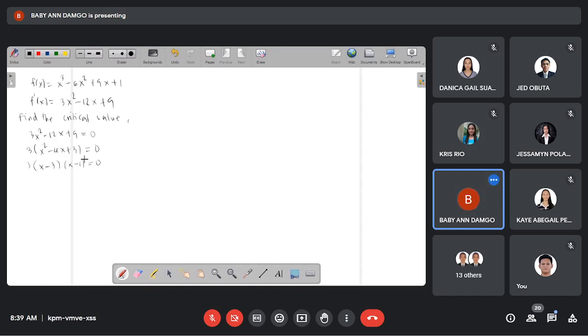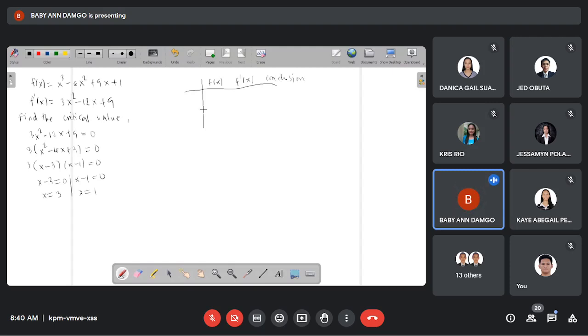So we have x minus 3 is equal to 0 and x minus 1 is equal to 0. So x is 3 and x is 1. Okay? Now, we create a table. This is for f of x, f prime of x, and then the conclusion.